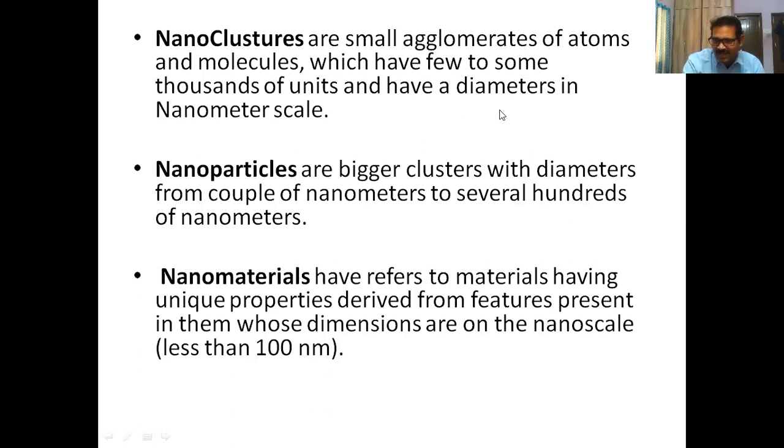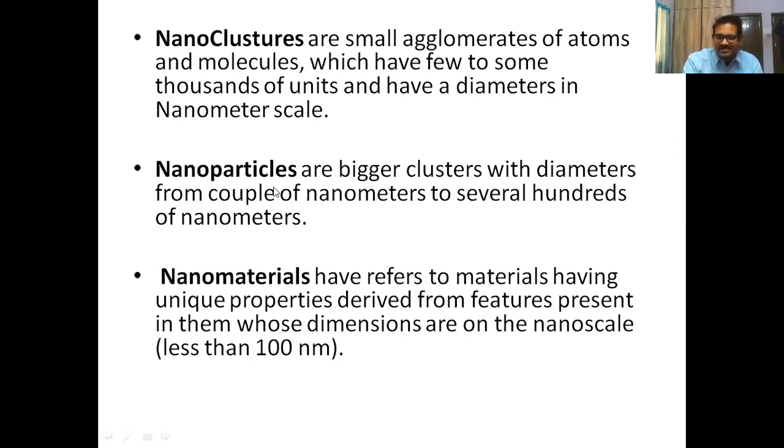So if one of the dimensions in the clusters is in nanometer scale, then we say nanoclusters. These are the smaller units.